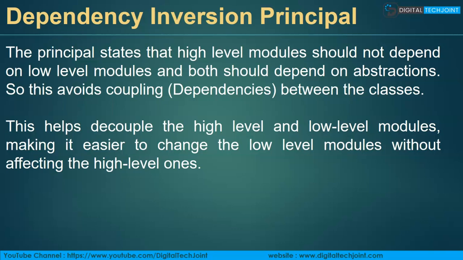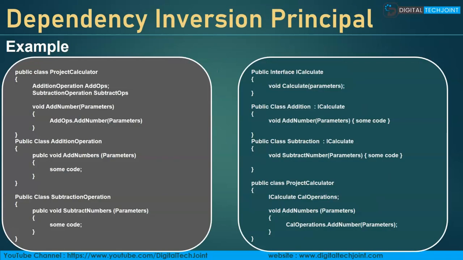Let me show this with an example. I have also released full-fledged examples on dependency injection on my YouTube channel, which actually meet this principle. So let me come back to this section and explain dependency inversion with an example.